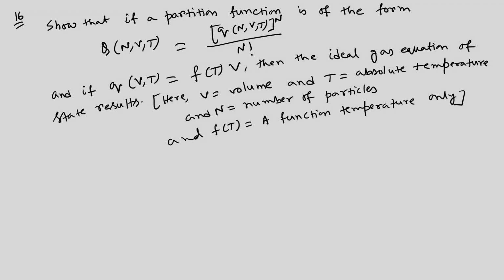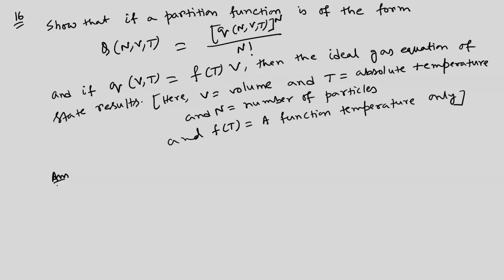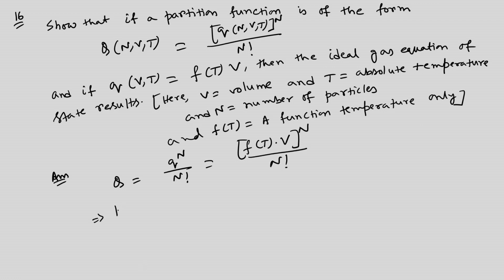So, we need to obtain the ideal gas equation of state, and Q is given here. We need to calculate the pressure, or average pressure. Q is q to the N by factorial N, and q is given as f(T) times volume, to the N by factorial N. In order to calculate pressure, we first calculate the logarithm of the partition function.